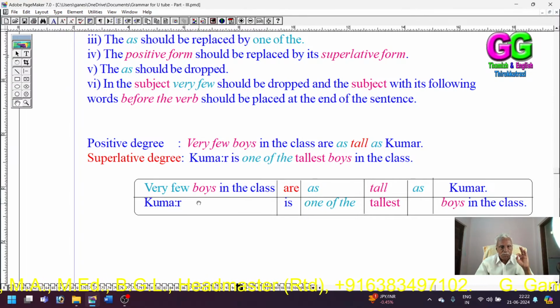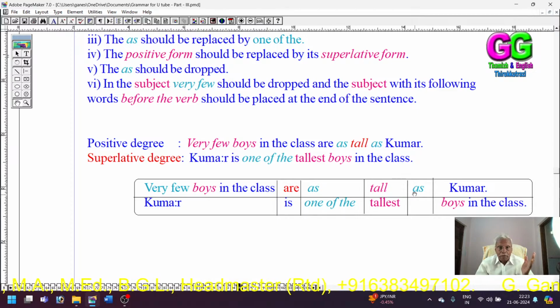In the superlative, the subject is singular, Kumar, so "are" is replaced by "is". Then, thirdly, the positive first scale "as" has been replaced by the superlative scale "one of the". Fourthly, the positive adjective "tall" has been replaced by its superlative adjective "tallest".